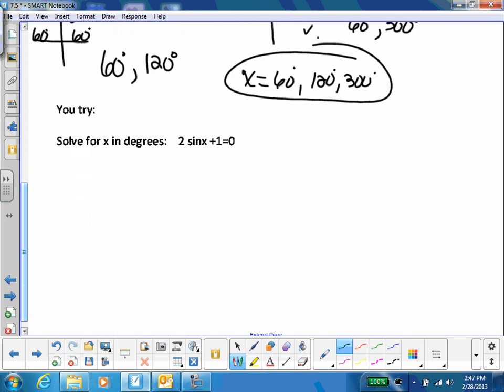All right, solve for x in degrees. 2 sine of x plus 1. So you do this one. If I don't see the word principal, you're going to want to assume.